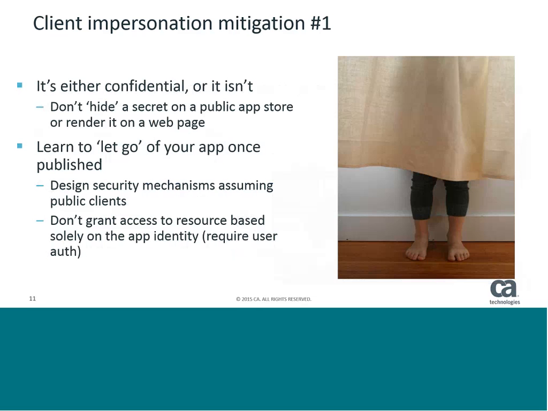So how do you mitigate something like this? It's either confidential or it isn't, right? So you don't hide a secret on a public app store or render it on a web page. That is a no-no. You have to assume that every single client that is going to be using your app is a public client. So there's no room for error there, and just don't grant access just because it's an app that has an identity.